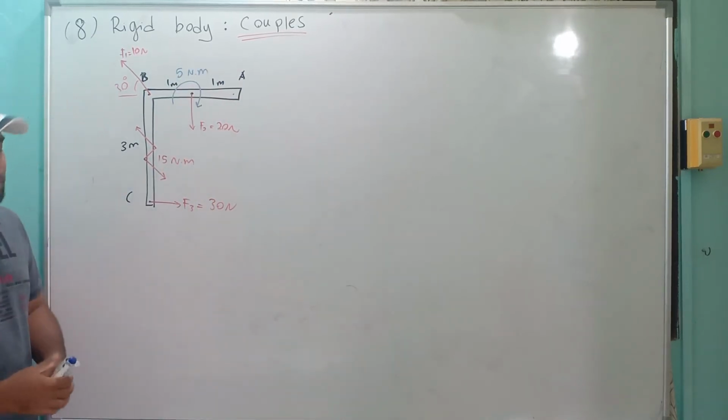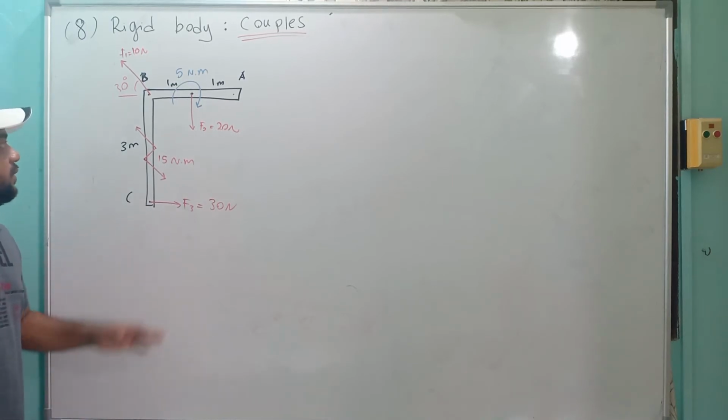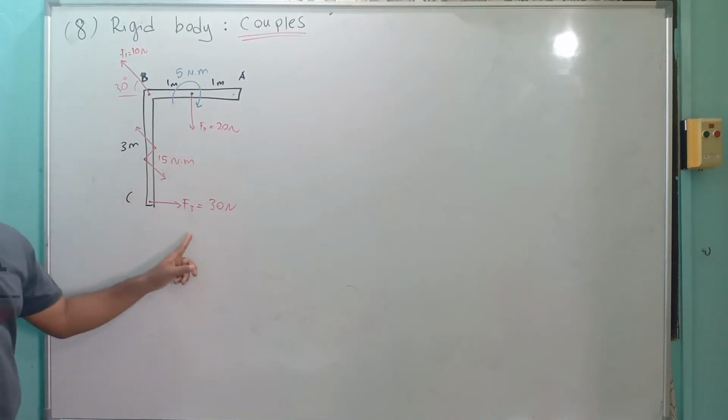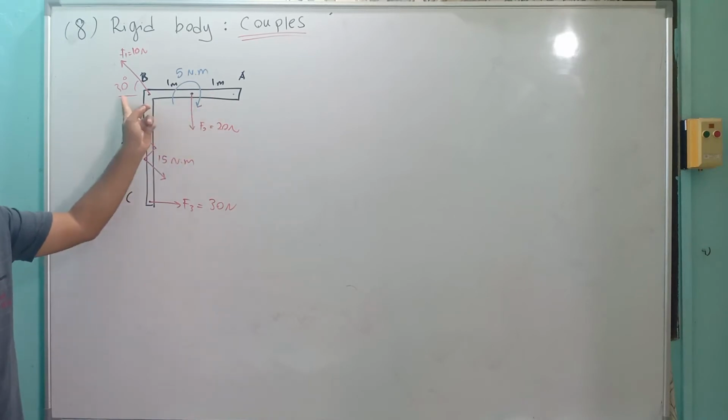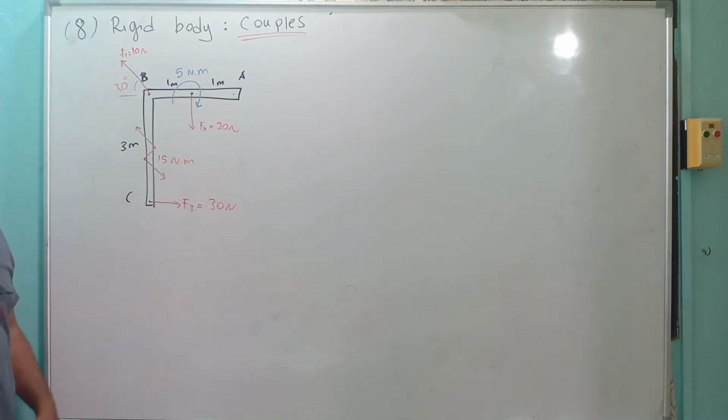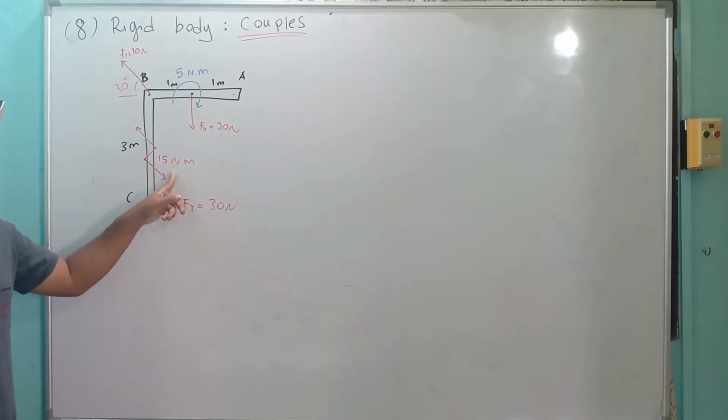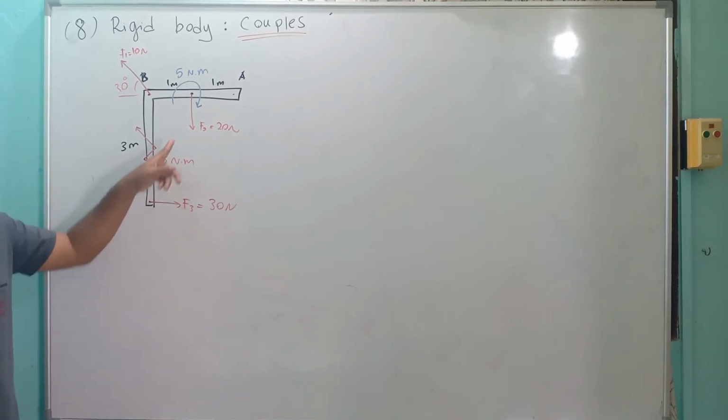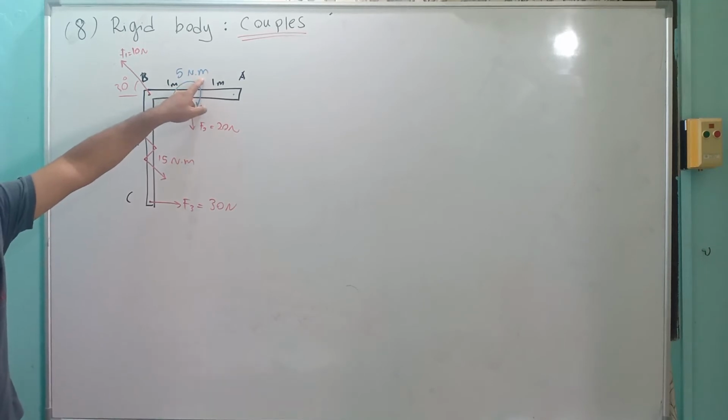Okay, so notice we have everything. We have 1, 2, 3 forces, F1, F2, and F3, and we have moment created by a couple, which is this one. The first is 15 Newton meter, the other one is 5 Newton meter.